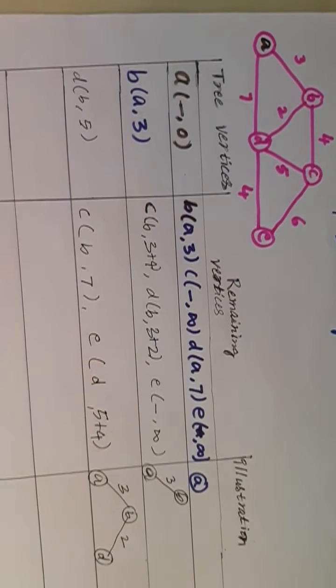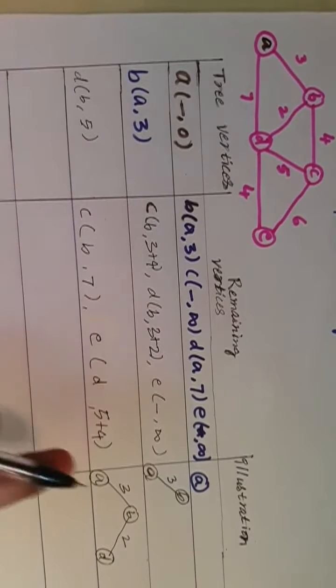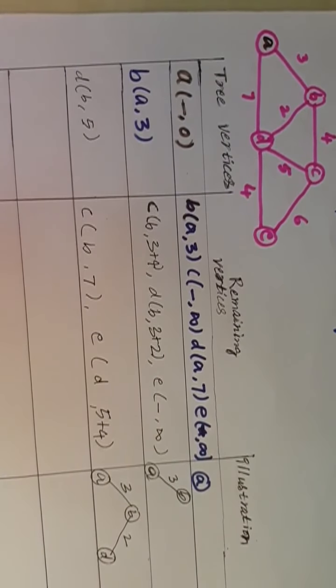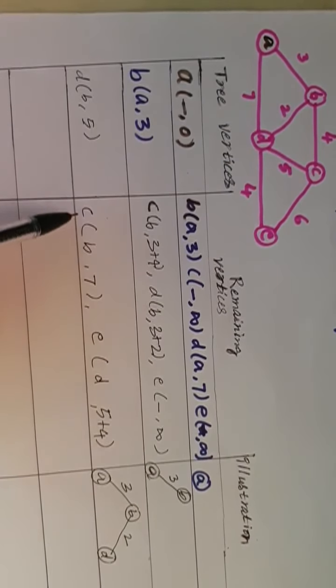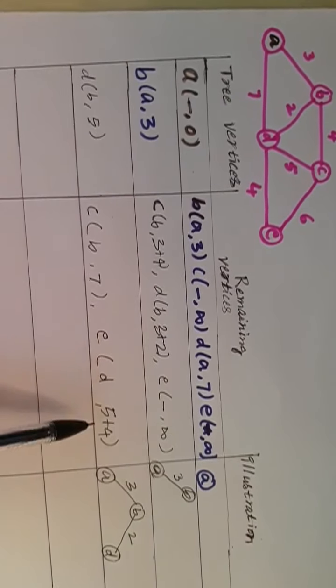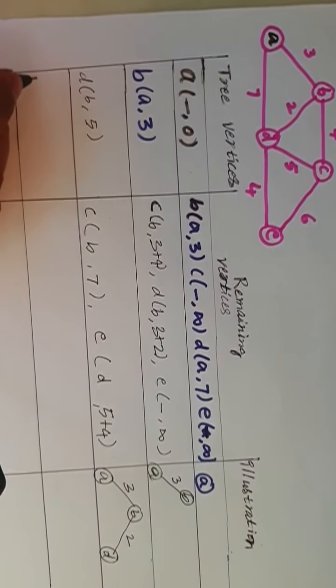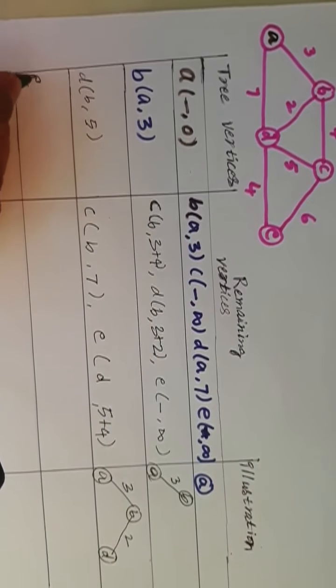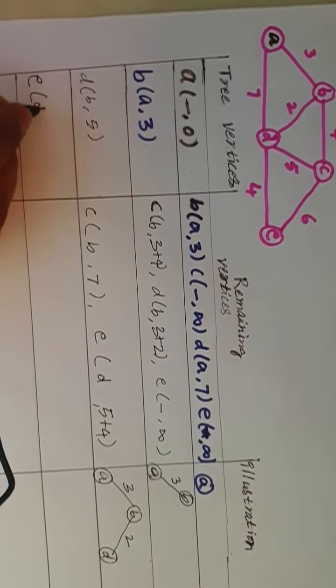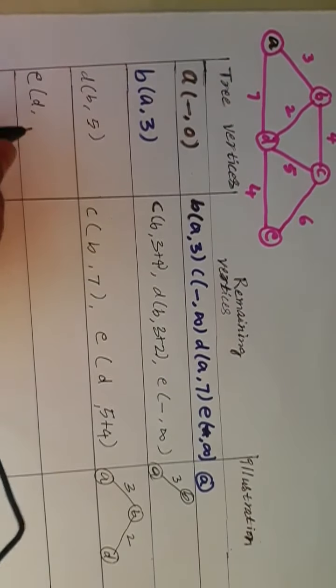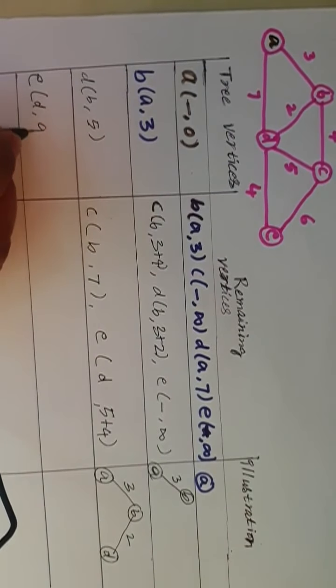Okay, so now from these remaining vertices, choose the smallest one. C cost is 7 and E cost is 9. So E is selected, and it is coming through D and cost is 9.